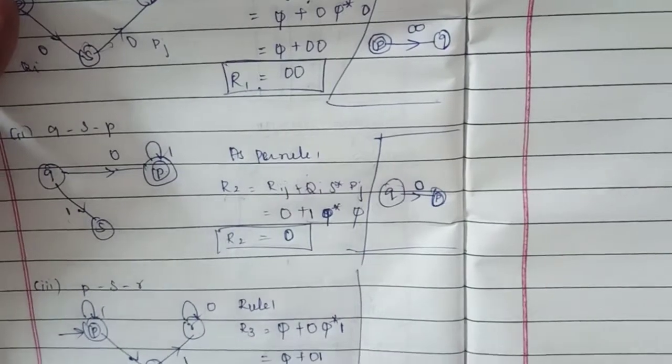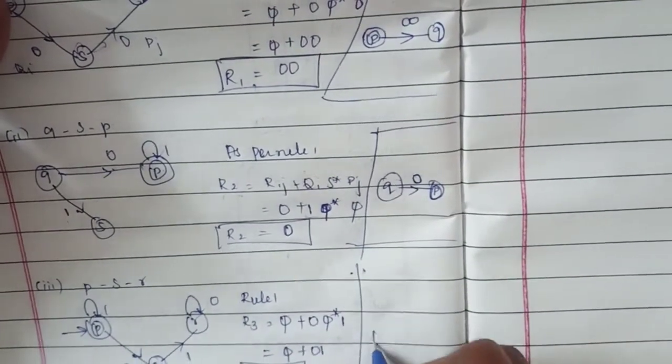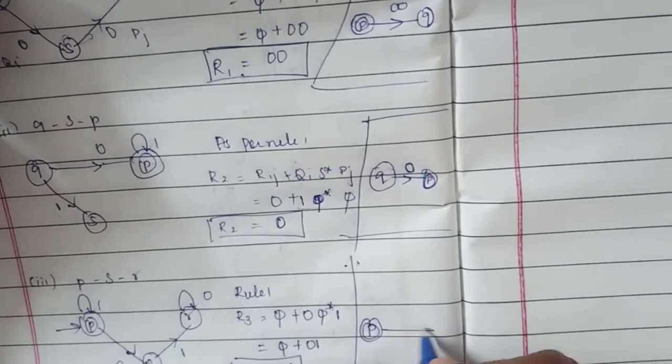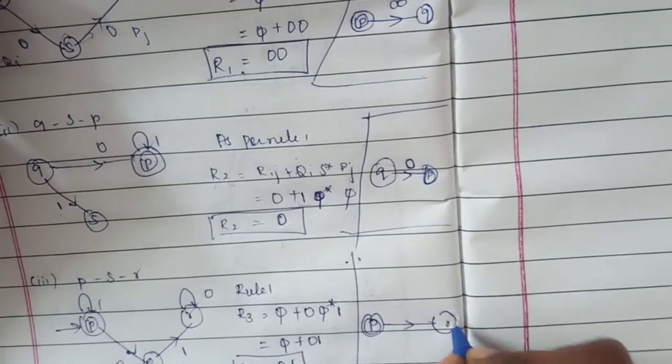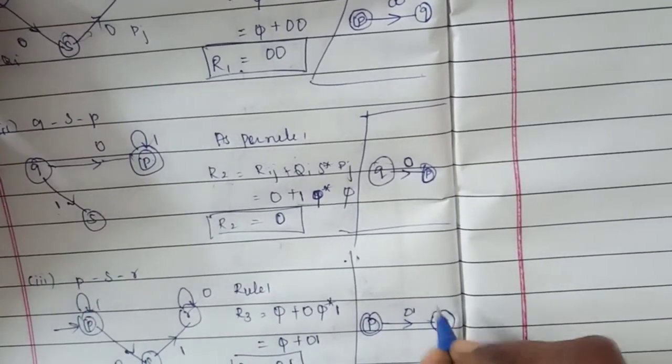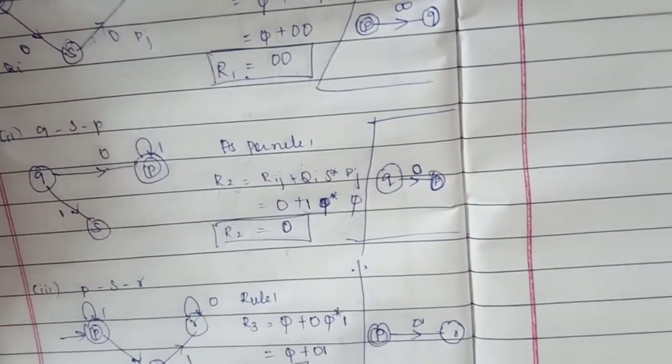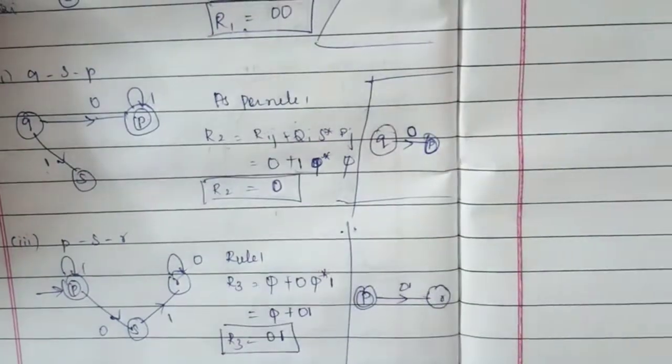For P to R, this is 0 1. So after reduction of this regular expression, my diagram will look like this. Okay, PSR.